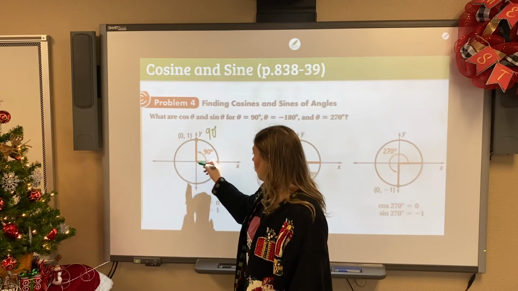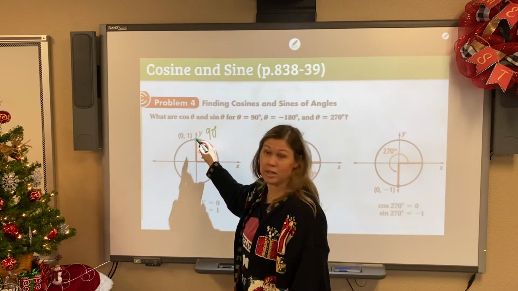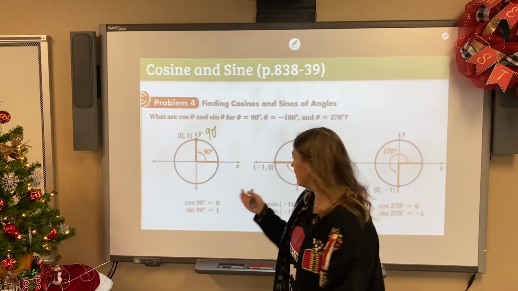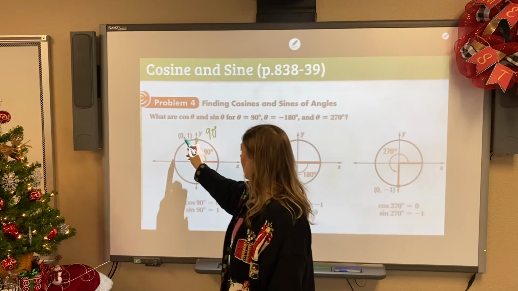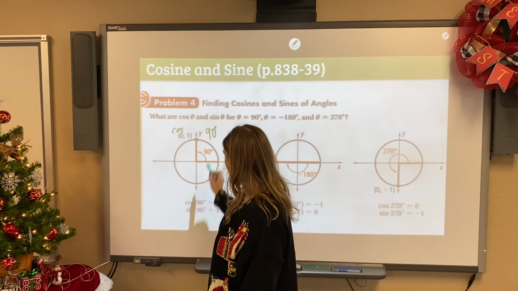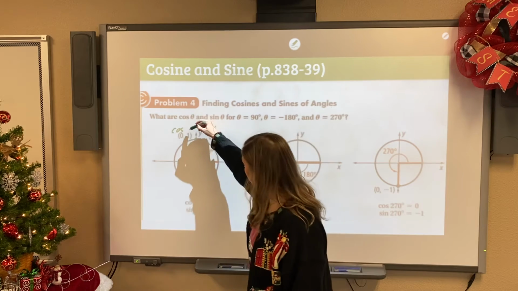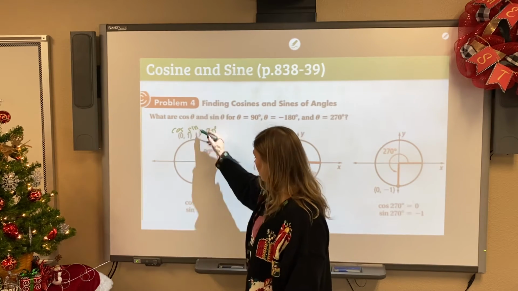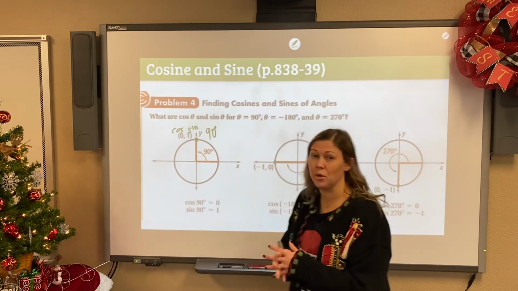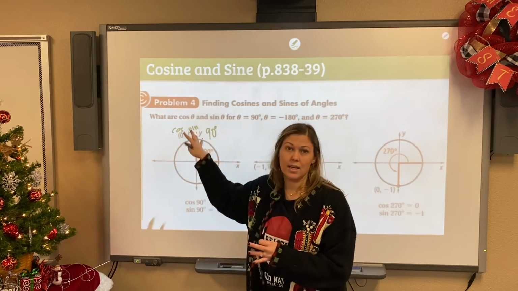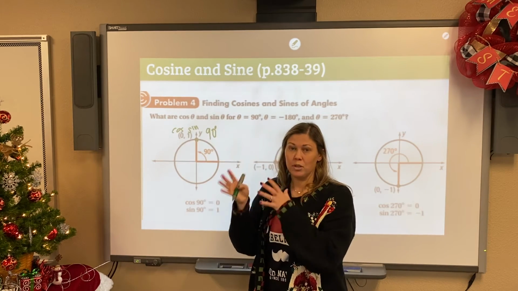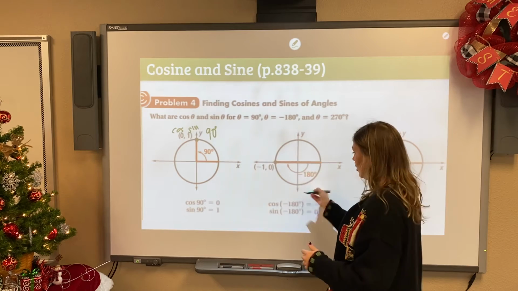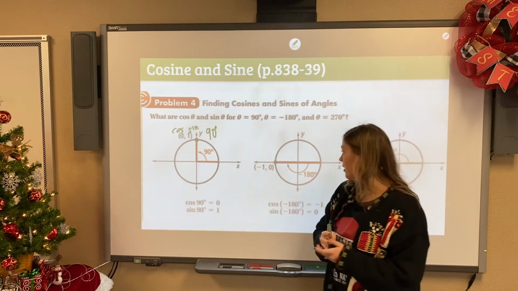Your X value is 0 and your Y value is 1 on your axis. So your cosine of 90 degrees is 0, and your sine of 90 degrees is 1. This is how we can figure out your 90, 180, 270, 360 super simply.